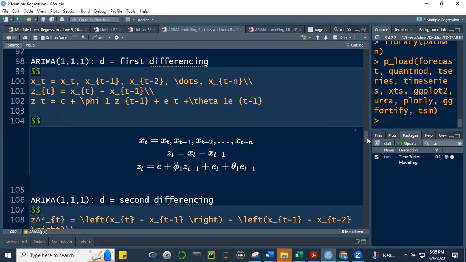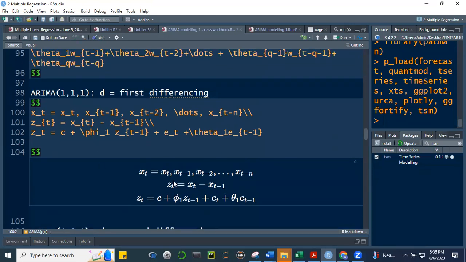Now, pag sinabi natin magdi-difference tayo, you're creating another object. You're creating another time series, c sub t, which is equal to x sub t minus x sub t minus 1. Okay, so let me show that. So, let me annotate that. So I have this time series x sub t.